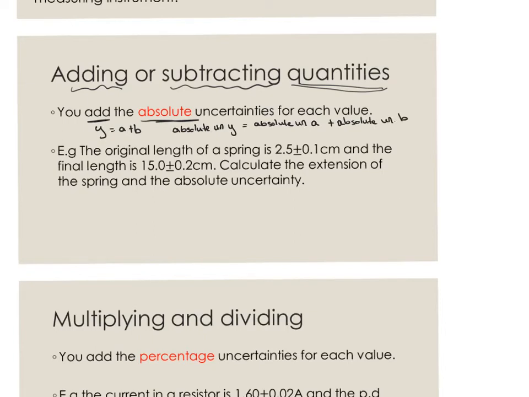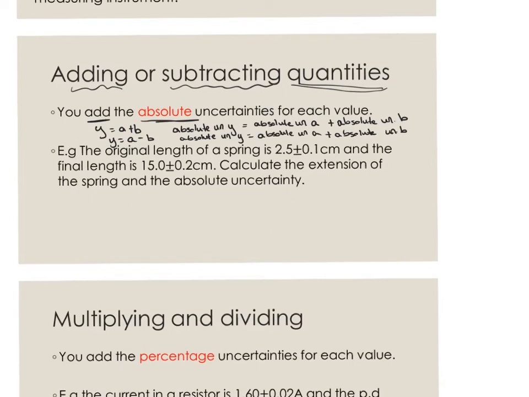The same thing, if you want to get y is equal to a minus b, then the absolute uncertainty in y is equal to the absolute uncertainty of a plus the absolute uncertainty of b. Absolute uncertainty, once again, is the actual value with its unit, because things will be different when you multiply and divide.